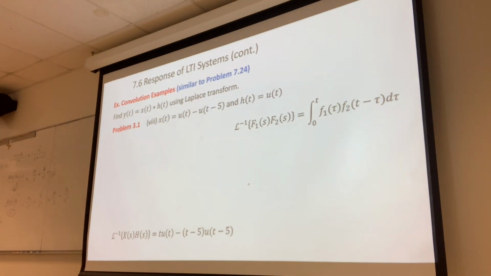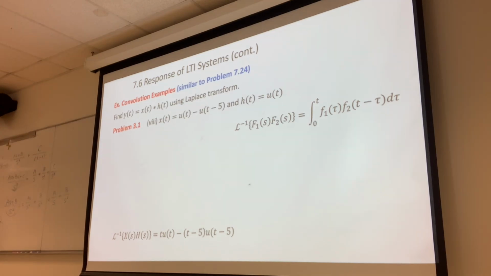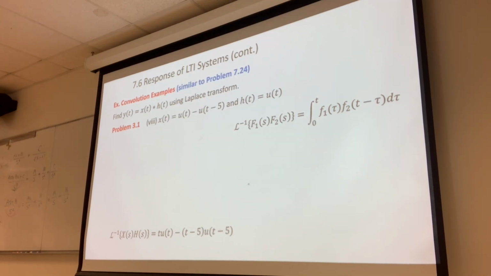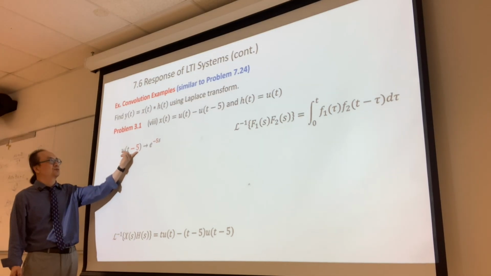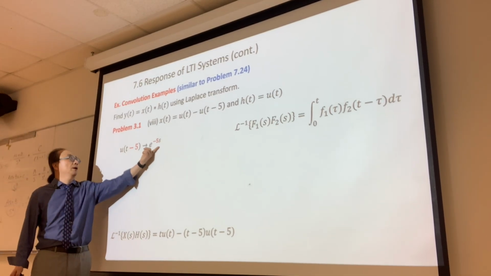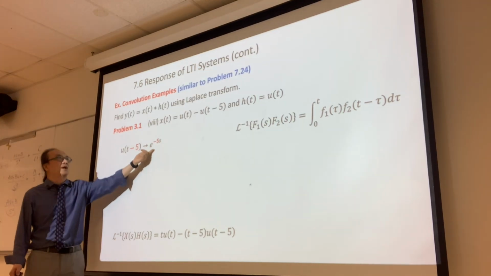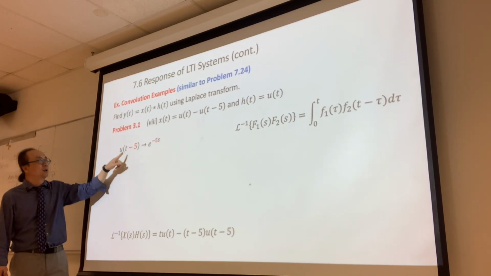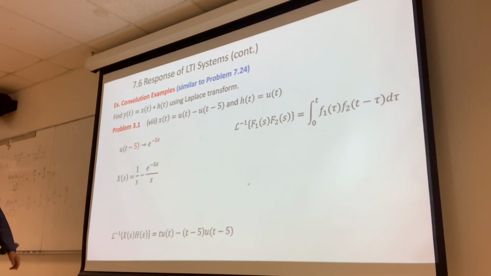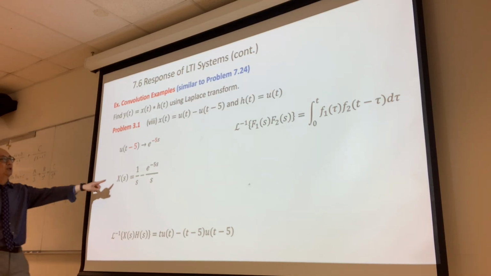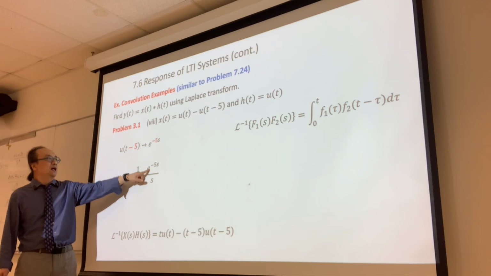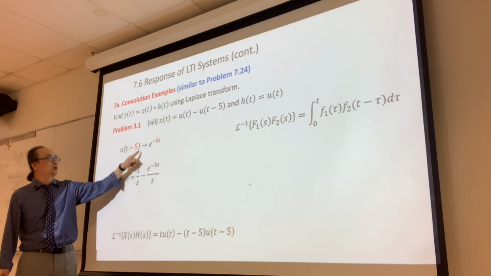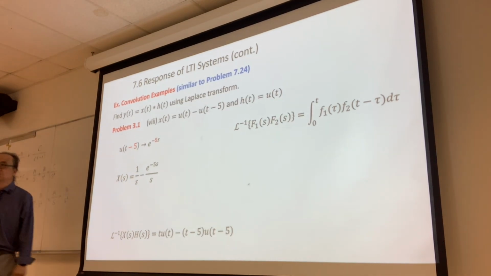First we want to take the Laplace transform of x of t, and we know u of t minus 5 is the pair with e to the negative 5s by the shifting property, but we still have 1 over s there. So X of s is 1 over s minus 1 over s times e to the negative 5s because of this complex shifting property.